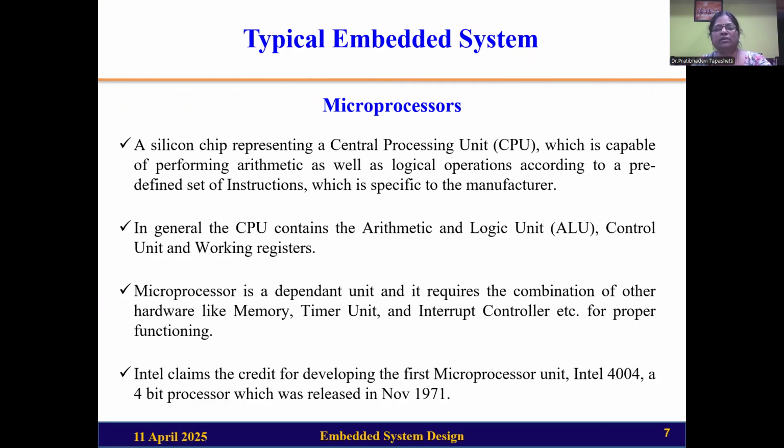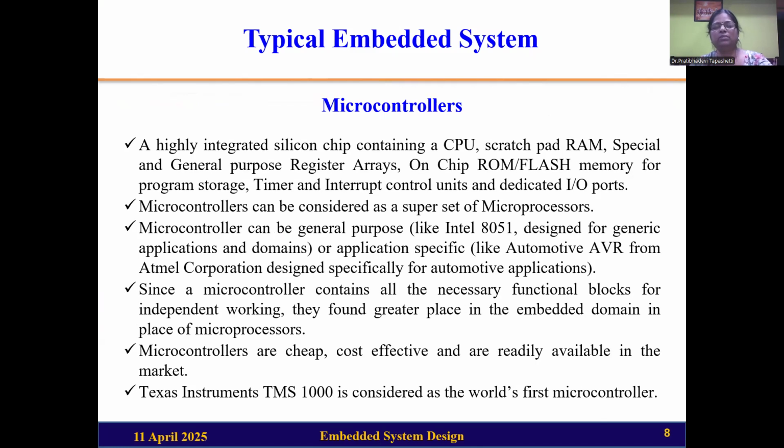So it did not have the internal capability to include peripheral units like memory, interrupt controller, etc. Intel was the first company which manufactured a 4-bit microprocessor, the Intel 4004, in November 1971.